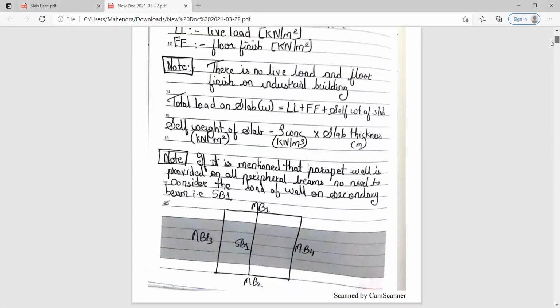So after calculating the self weight of the slab, again it is mentioned that parapet wall is provided on all the peripheral beams.